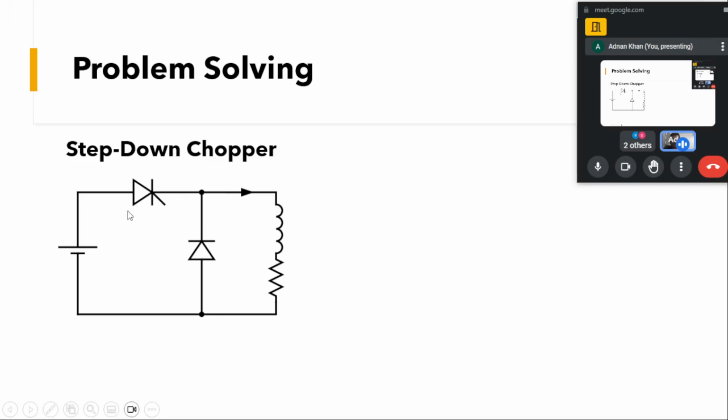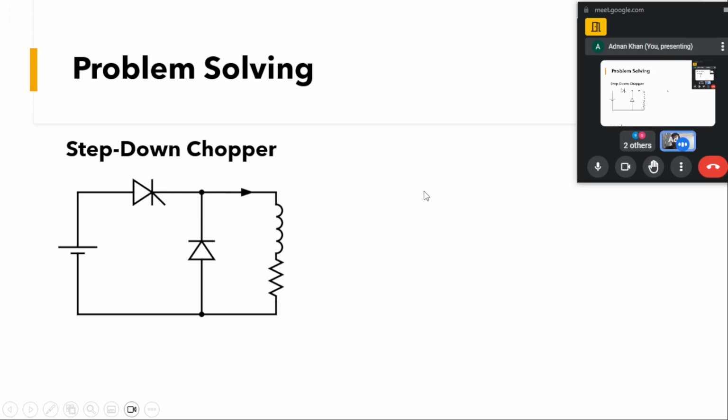And if you see, when this device is turned off, we have a zero voltage, this will be short circuited, zero voltage across this, and whatever energy we had stored will start to dissipate through this resistor.